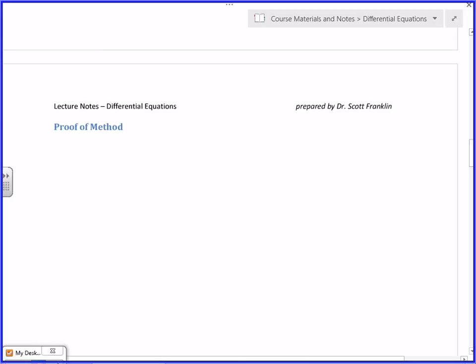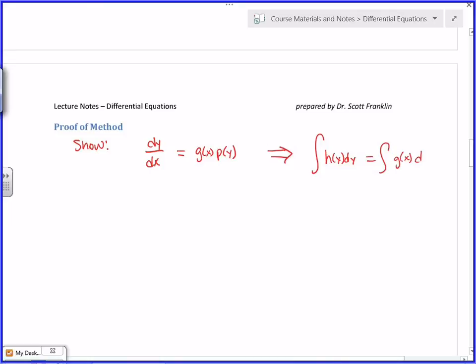All right, proof of method. Why am I allowed to kill cats in this process? So show that dy dx is equal to g of x times p of y. So let's start with the original problem, which was g of x times p of y. We want to show that that leads to the integral of h of y dy equals the integral of g of x dx.